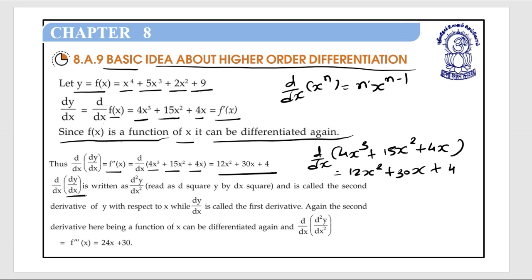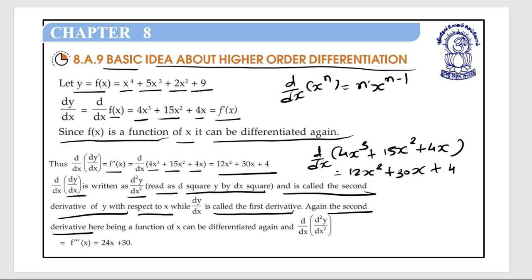So d by dx of dy by dx is written as d square y by dx square, read as d square y by dx square, and is called the second derivative of y with respect to x, while dy by dx is called the first derivative.